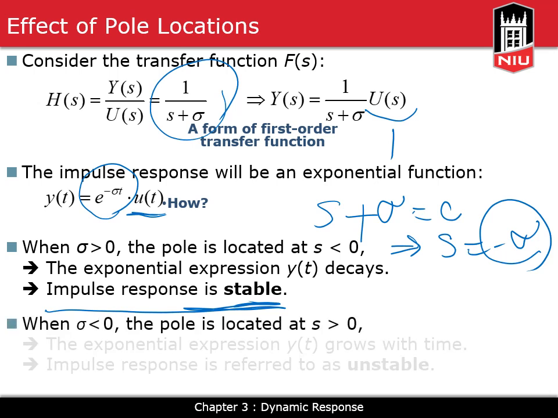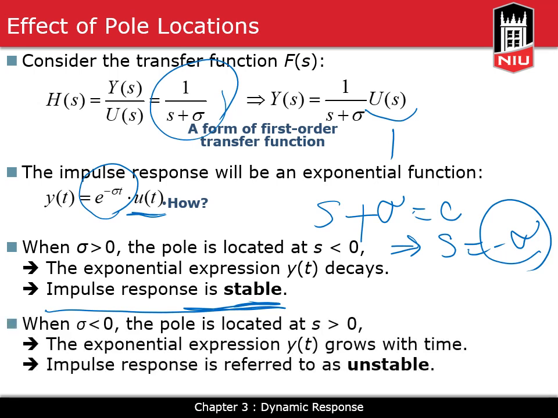The other case is when sigma is negative. Then the pole, negative sigma, would be positive. What happens to the exponential term? E to the negative sigma t would be e to the power of a positive number times t. That means as t increases, that exponential term increases in magnitude and never stops increasing.